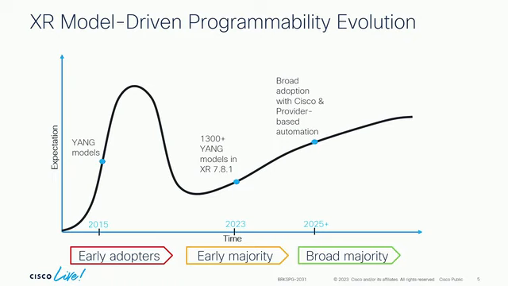From our side, we are also working on model quality, so we have metrics to track backward incompatible models, and we want to keep the percentage really low. So with every new release, you can be confident deploying the same stuff with YANG models on the box. To summarize the overall situation right now, we are moving to the early majority, and this technology becomes more and more mature across our vendors as well.